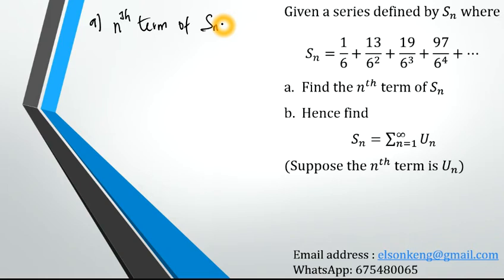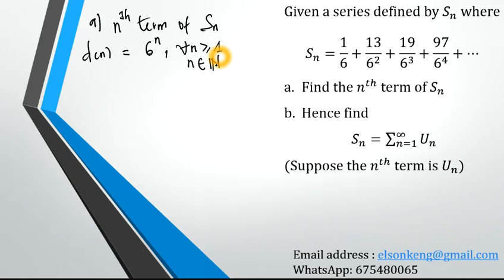So if d of n is my denominator, then d of n is basically 6 raised to the power n, for every n greater than or equal to 1, and I know that n belongs to the set of natural numbers.